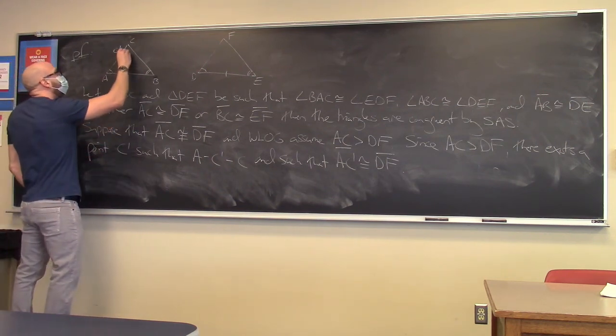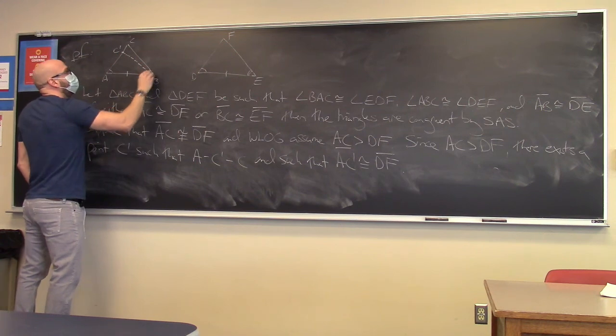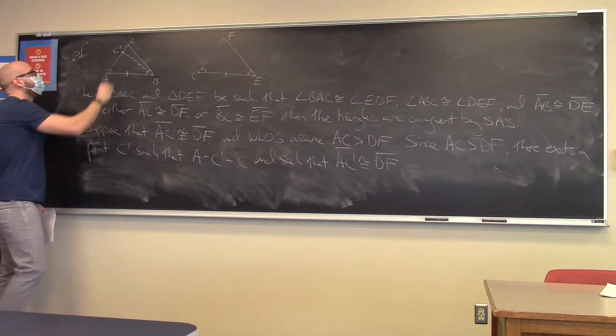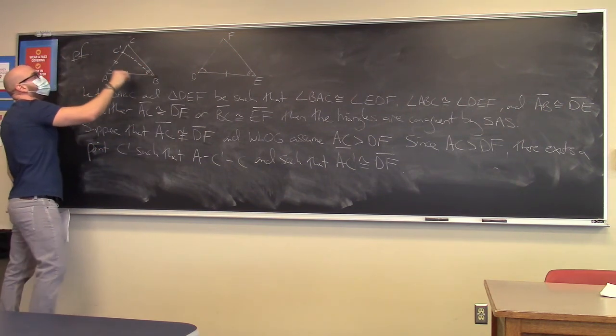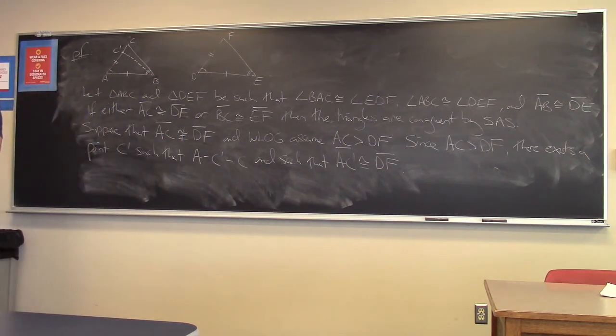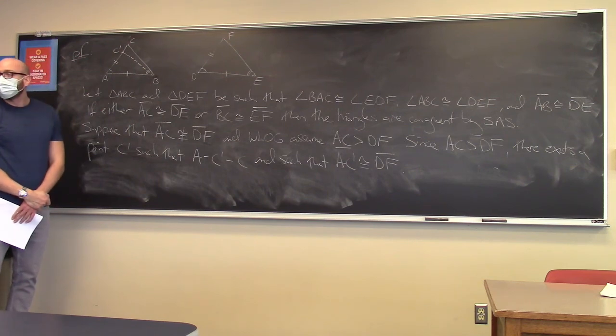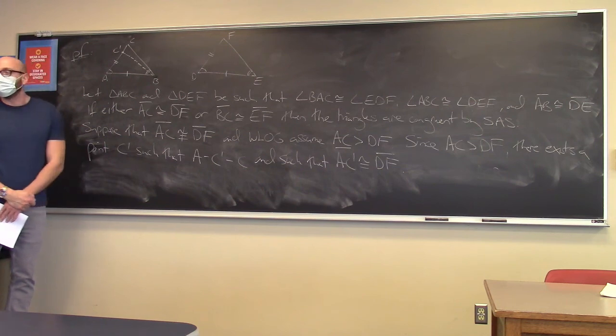So I built this smaller triangle inside of this guy. And I built it so that this side AC prime is the same length as DF. What can I conclude? Now I can use SAS, right?